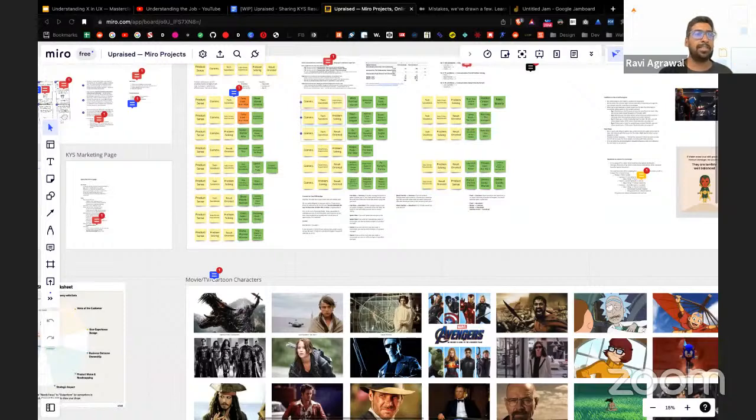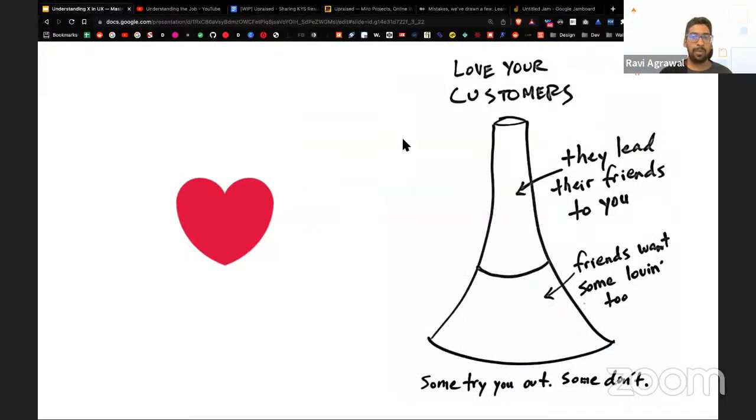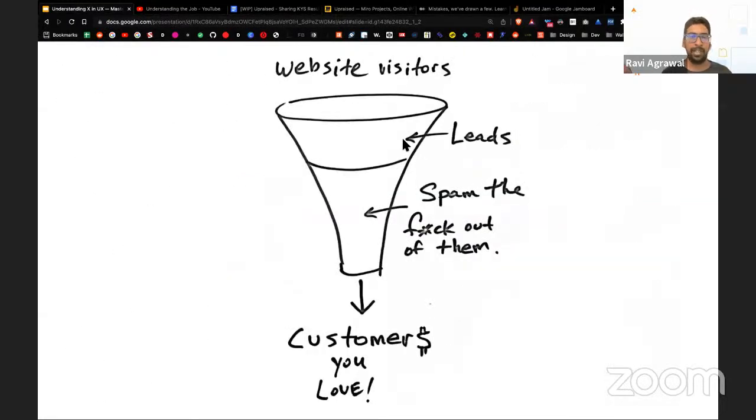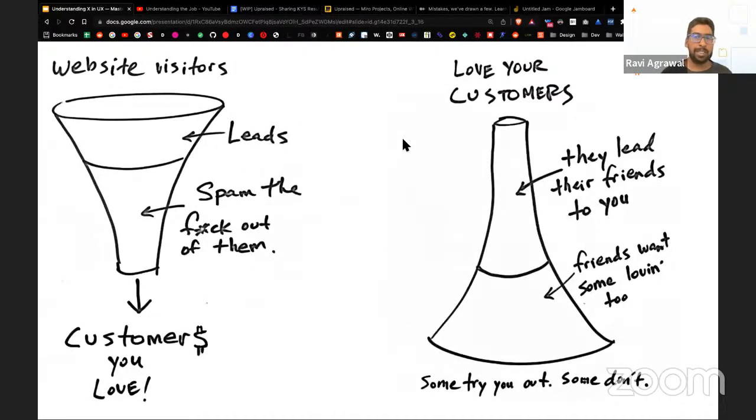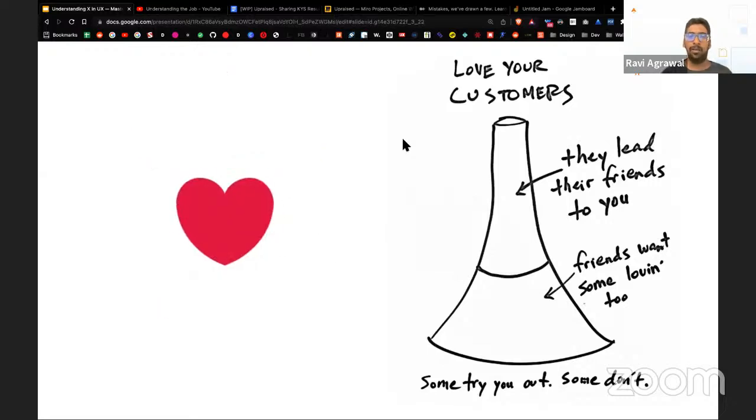Sorry, I think I was on the other slide. So here's the funnel that I'm talking about, right? Here's another way to look at the same funnel. You love your customers, they lead their friends to you, and they want some loving too, right? And then an explosion happens.